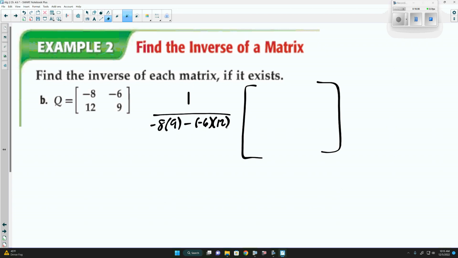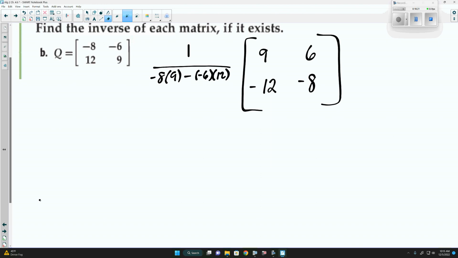Inside the matrix, we would switch the 9 and negative 8 and change the other two signs. So this negative 6 would become positive 6, and the positive 12 would become negative 12. So we can simplify the determinant.